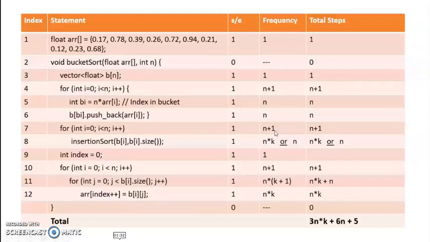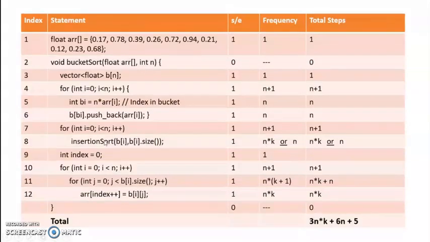If we are using the insertion sort algorithm, we will write that this insertion sort is running for k times. This is an extra function which we will mention as mentioned here. So if we use this function, we have to write it as n into k.